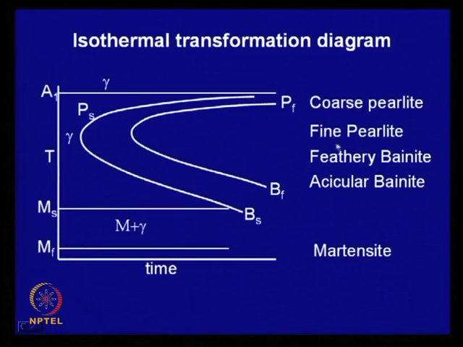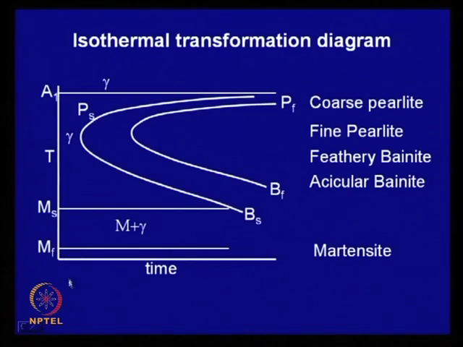So, you get a fine pearlite structure, and if you quench, you get martensite, and in case of martensite there is no diffusion, the carbon atom does not move. So, this transformation is very fast. While the pearlitic transformation is diffusion controlled, formation of martensite is a diffusionless transformation. There is no diffusion of carbon atom here.